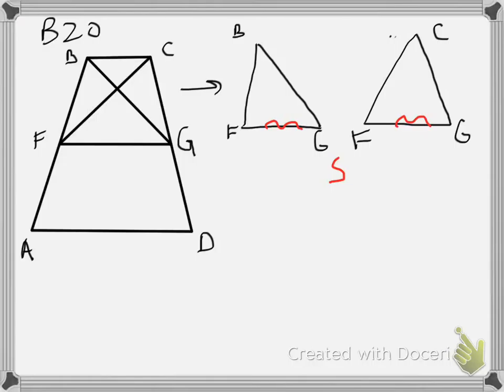B to F to C and C to G to B. Those are the same. Then CG is congruent to BF. So mark those on here as well.